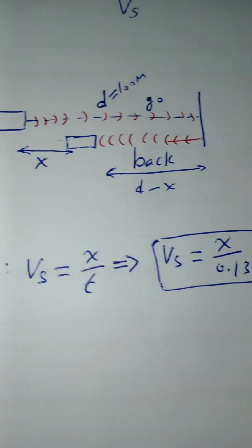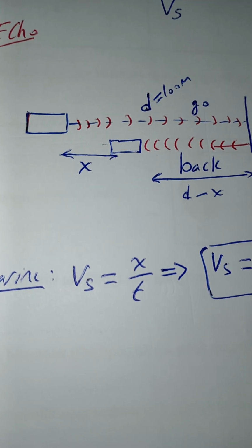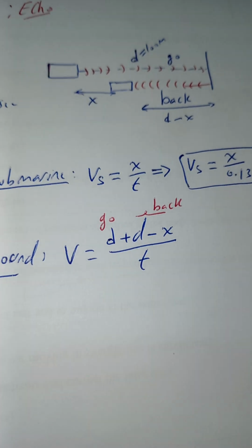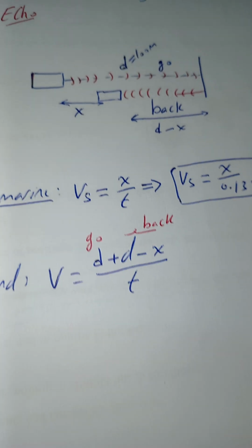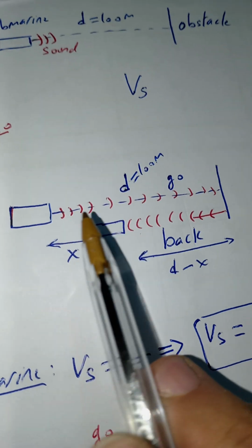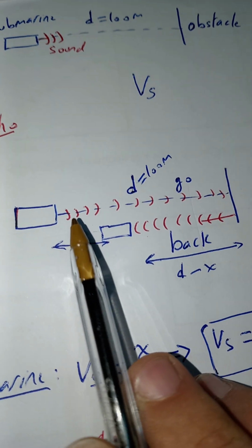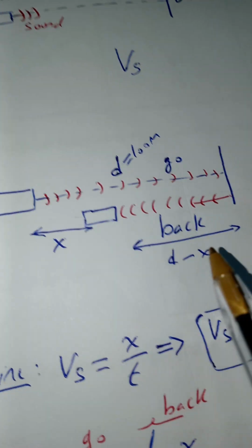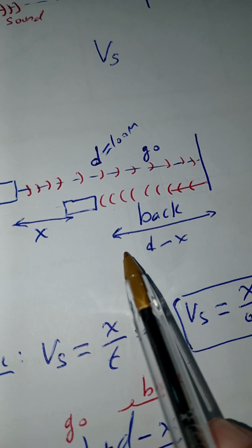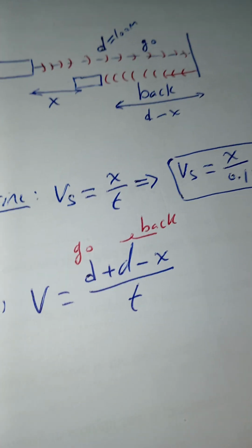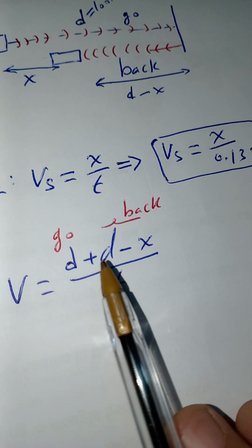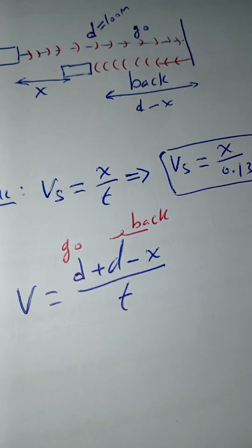Now we apply the same rule on the sound. So the speed of sound is the covered distance over the time. But the covered distance by the sound is d, that equals 100 meters, plus d minus x. So the total distance traveled by the sound is d plus d minus x over t.